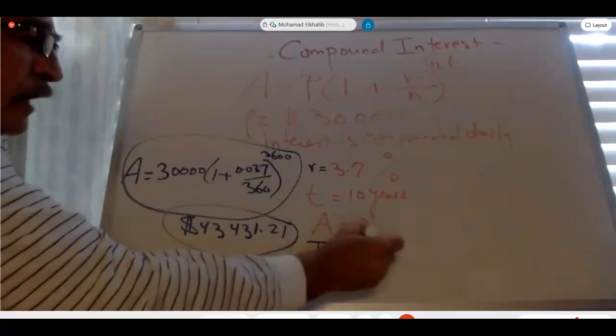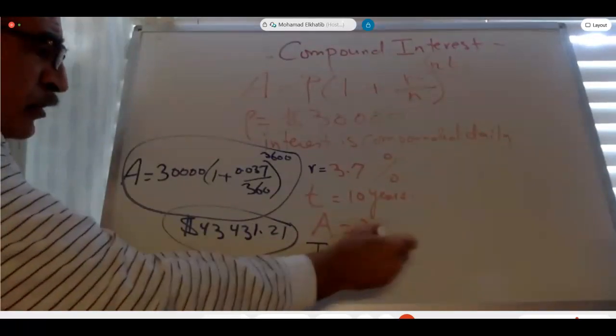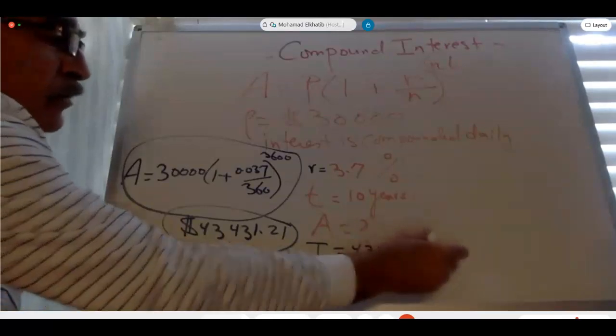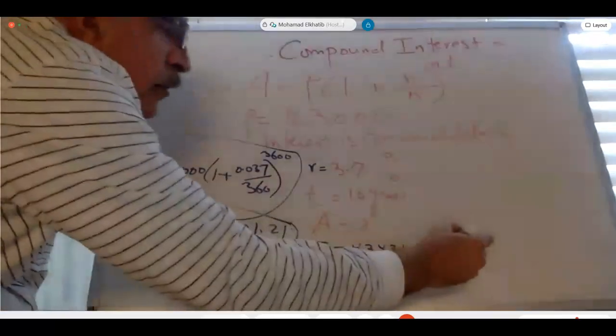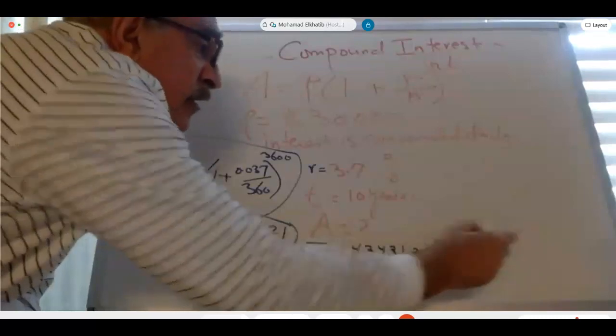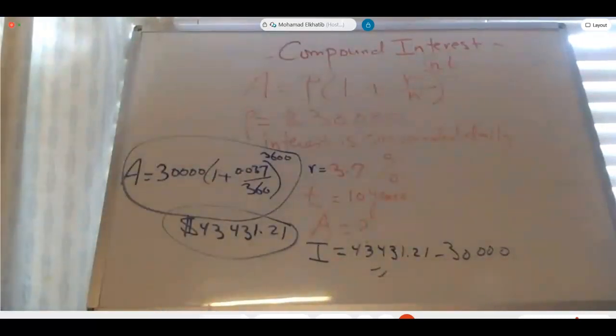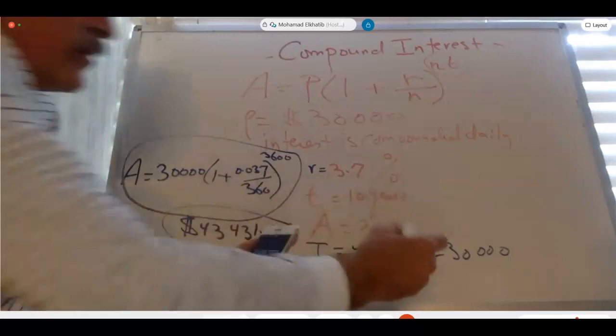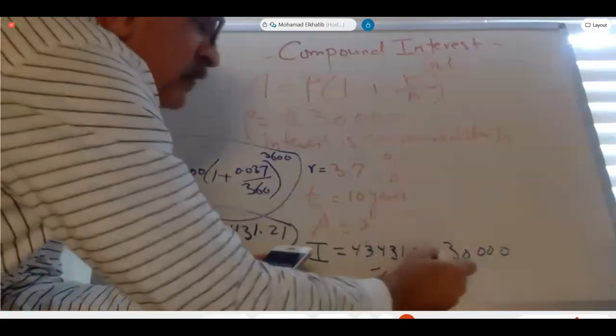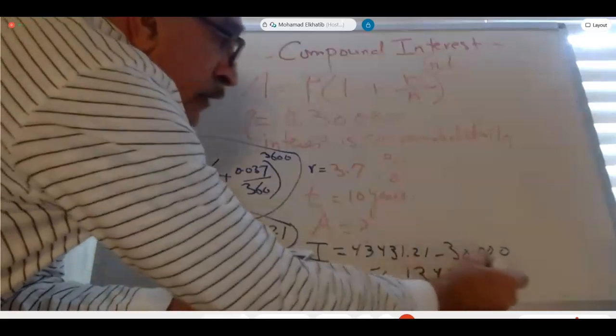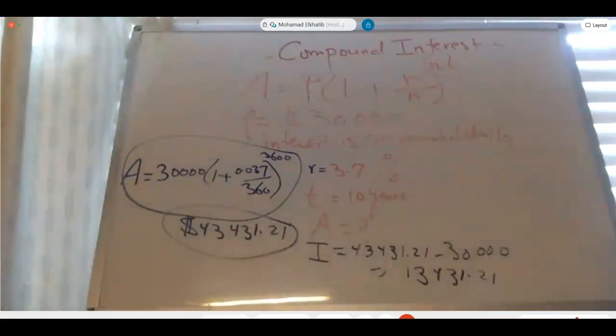You just subtract A, how much you paid at the end of 10 years, minus how much money you borrowed. And when I do that, I get 13,431 and 21 cents. And I'm done.